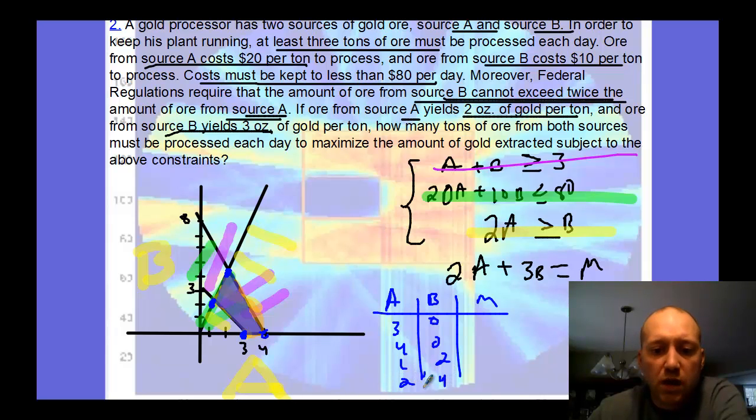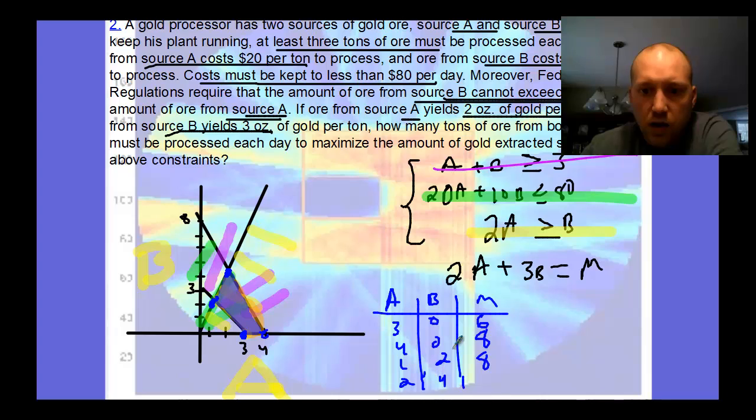Those are the 4 points, and you can double check those are the intersection points at 1, 2, and 4, 2, or 2, 4. And those will be the values. Now put these into the equation, and you'll find values of 6, 8, 8, and then 12, and then 18.